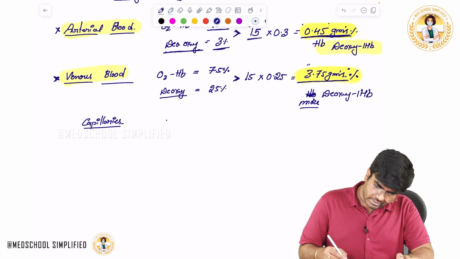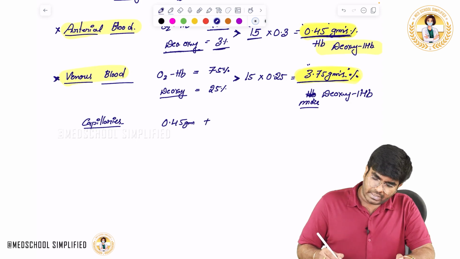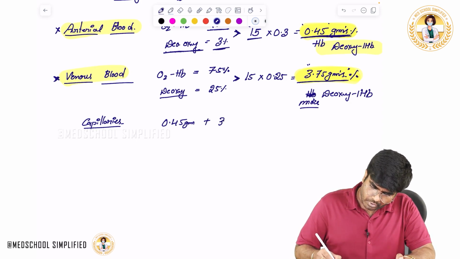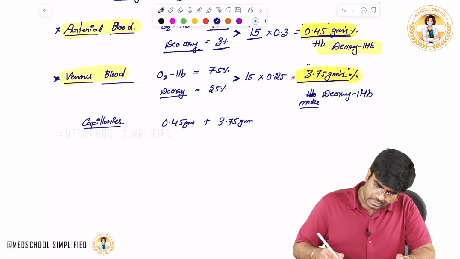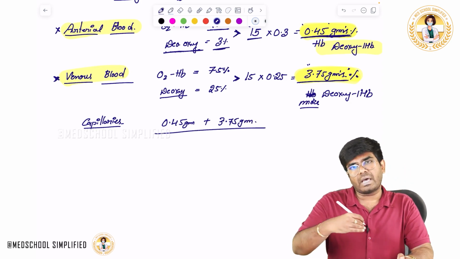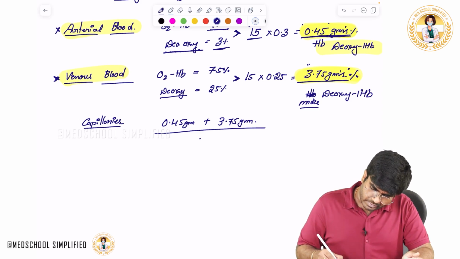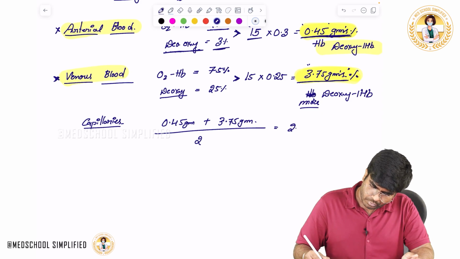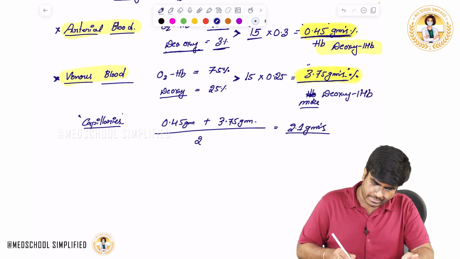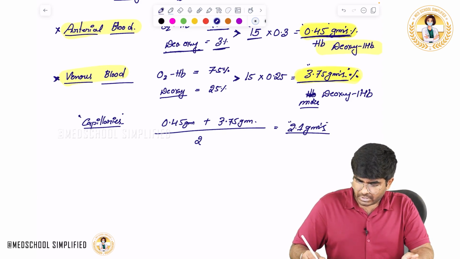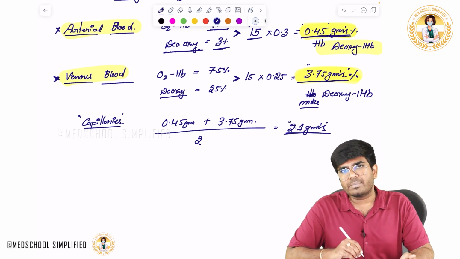Now I am taking the mean value, the average deoxyhemoglobin. In the arteries, 0.45 grams of deoxygenated hemoglobin. In the veins, 3.75 grams. Divided by 2, taking the in-between value in the capillaries, how much is that? 2.1 grams of deoxygenated hemoglobin is there in the capillaries, on average.